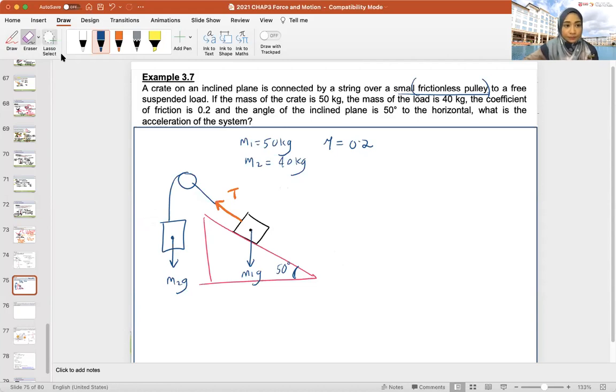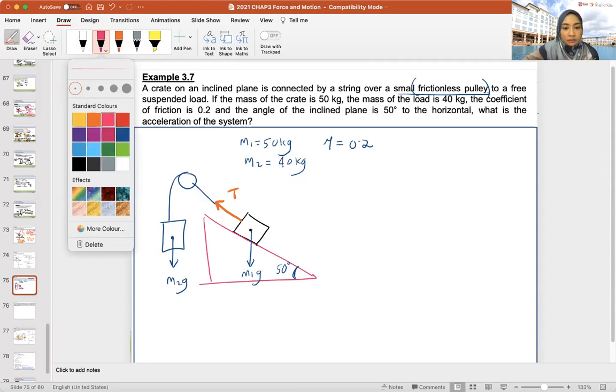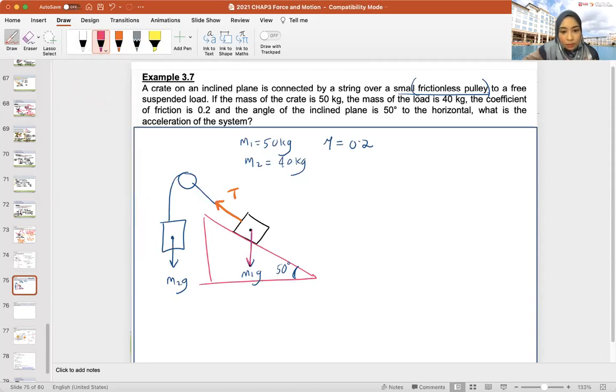Okay, let's try first. I also don't know. So let's label our free body diagram properly. So this is our m1g, this is our tension force. To the right, so we have the reaction force here.